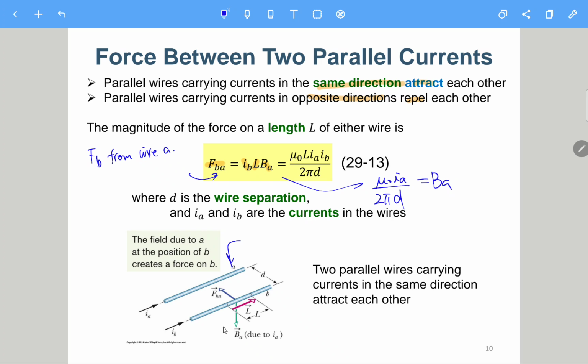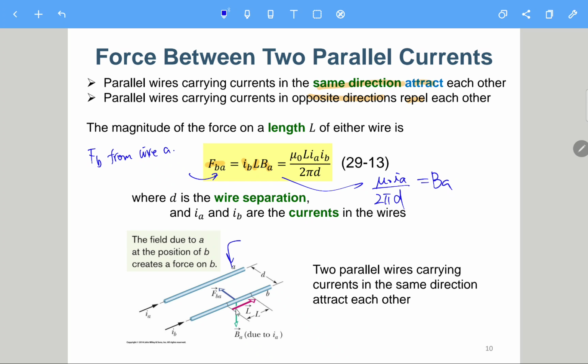And just now I mentioned that for IA going from this side to that side, so BA pointing downward, and then IB also going in the same direction, so that L points to the right side.